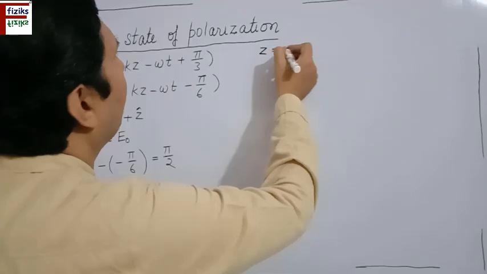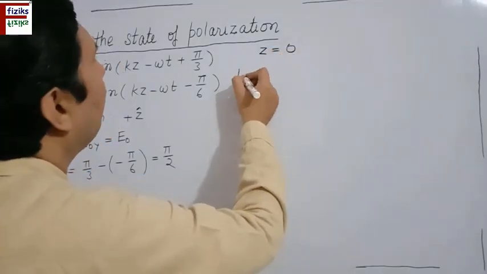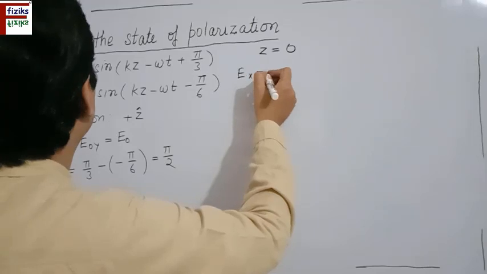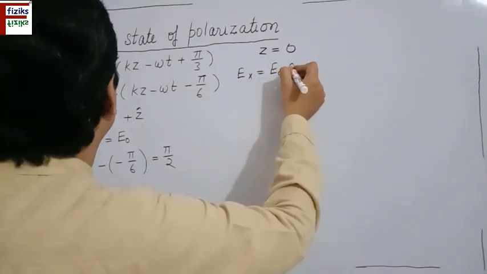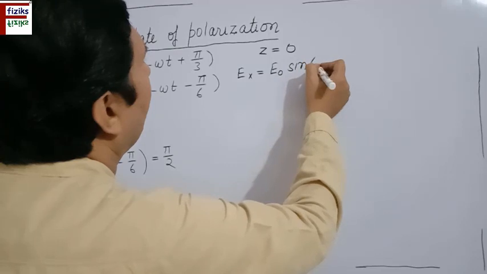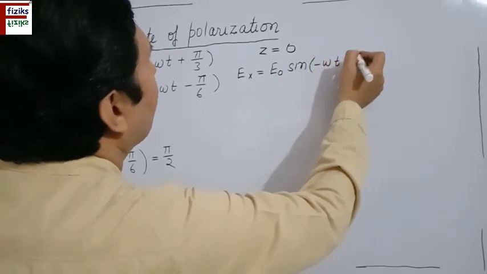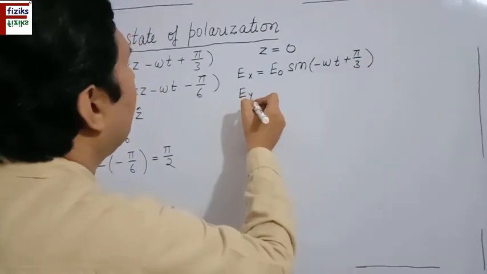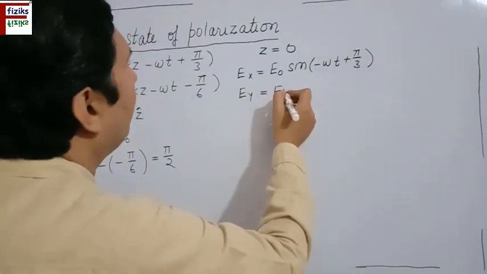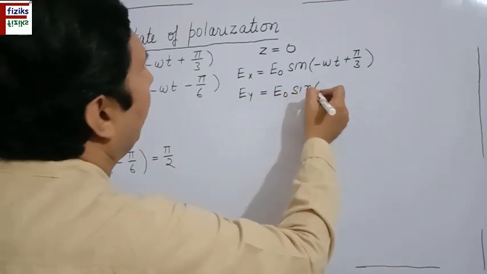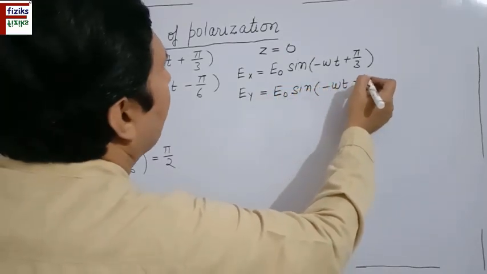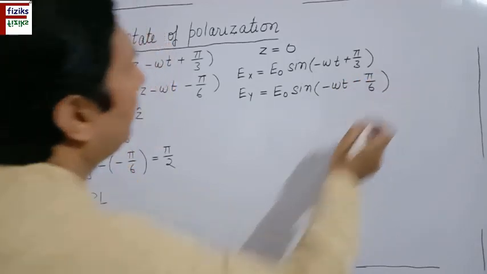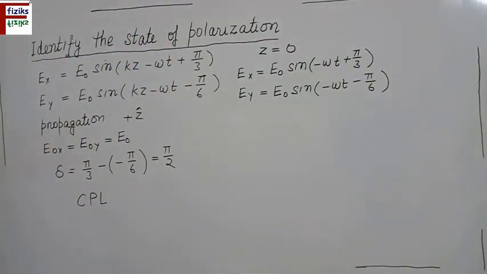I am substituting z equal to 0, and Ex becomes E naught sine of minus omega t plus pi by 3, and Ey becomes E naught sine of minus omega t minus pi by 6. So we have substituted z equal to 0 in this case.